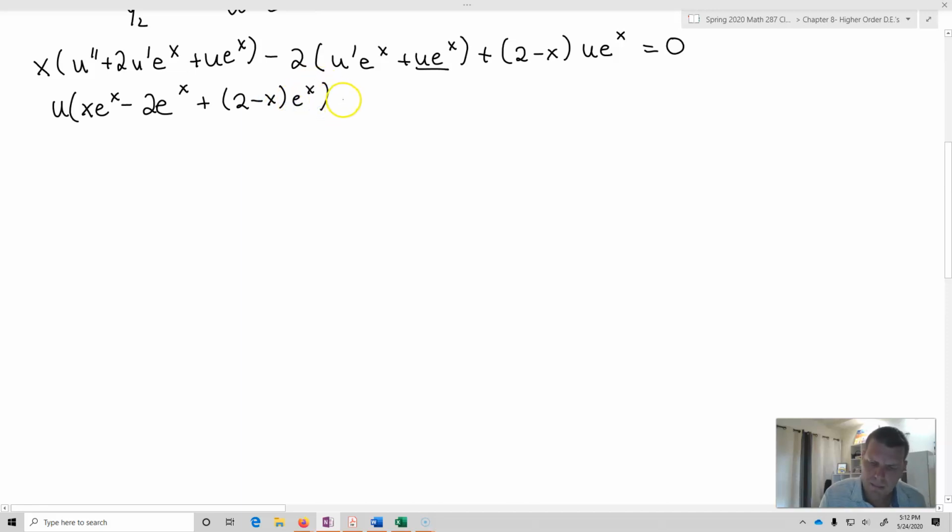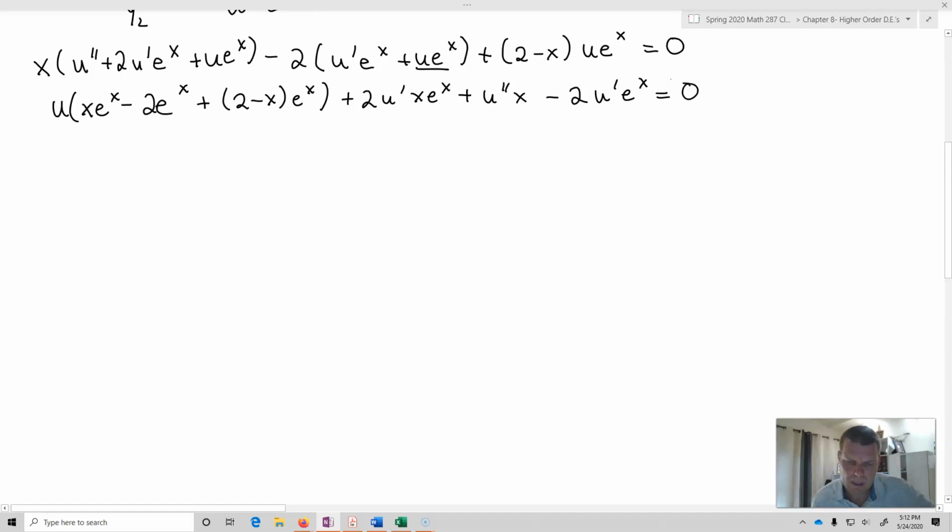Then we use the rest of the parts: plus 2 u prime x e to the x, plus u double prime x, minus 2 u prime e to the x, and we don't have anything else. And that'll all equal 0.